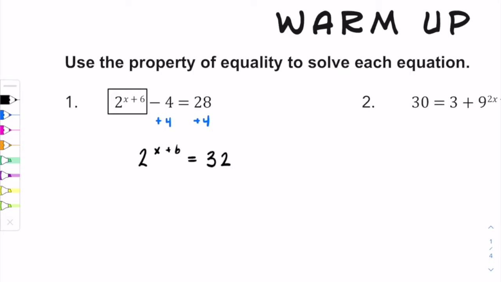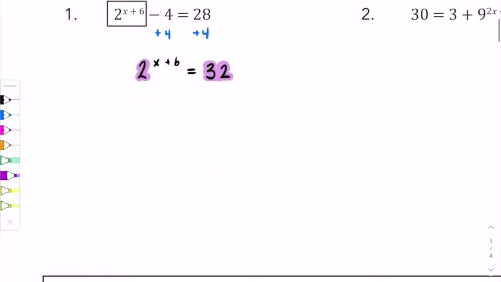Now, the only way to solve an exponential function like this is to create common bases. So I need to create a common base between the left and right side, and that common base is going to be 2. 2 to the power of x plus 6 will remain. 32 is going to be rewritten as 2 to the power of 5. Once the bases are the same, then you can set the exponents equal.